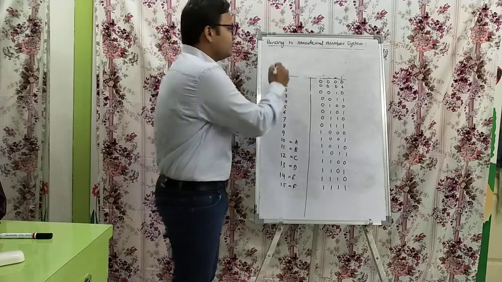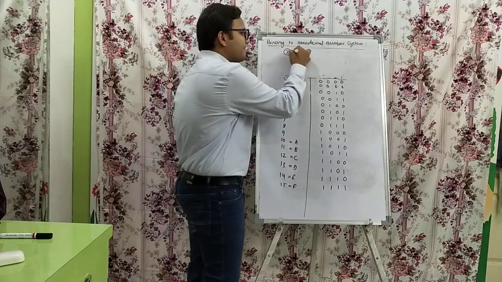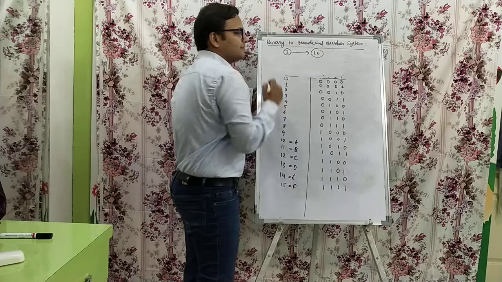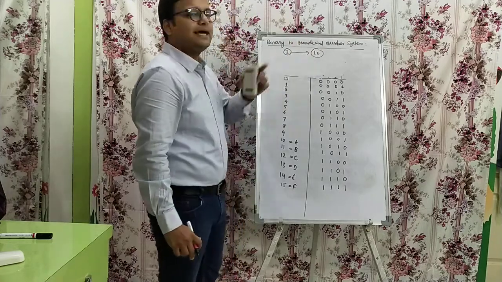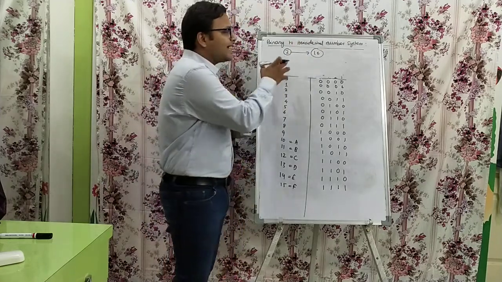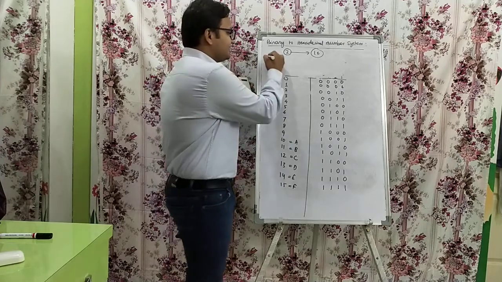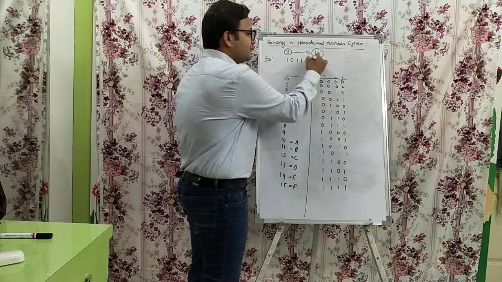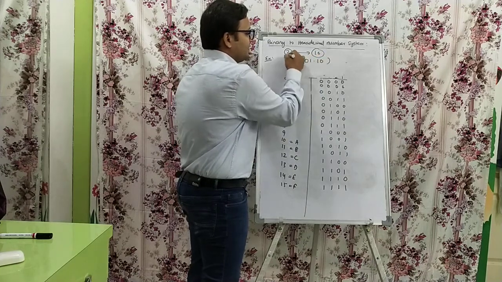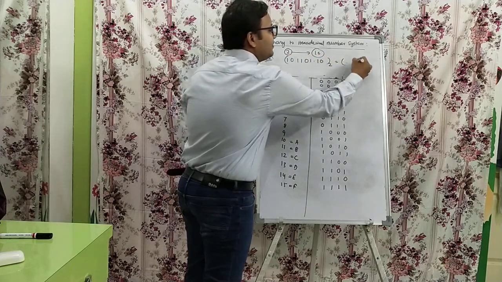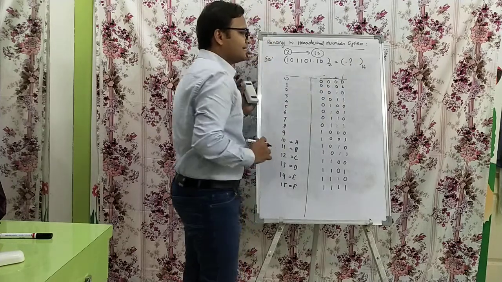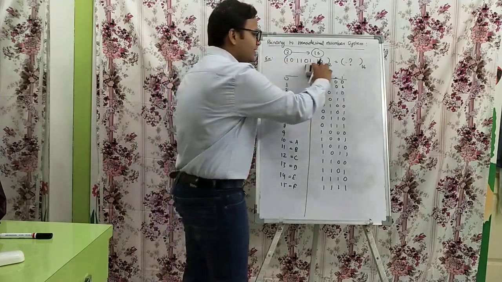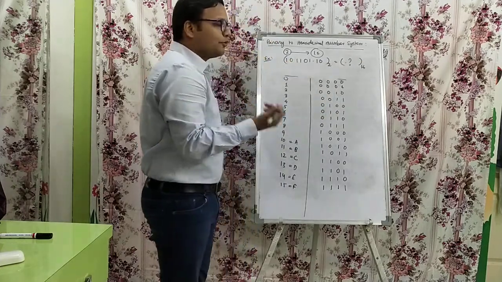Here it is base 2 to the higher base, so you have to start grouping again. Let's say we have an example, 101101.10 binary number into the equivalent hexadecimal number.